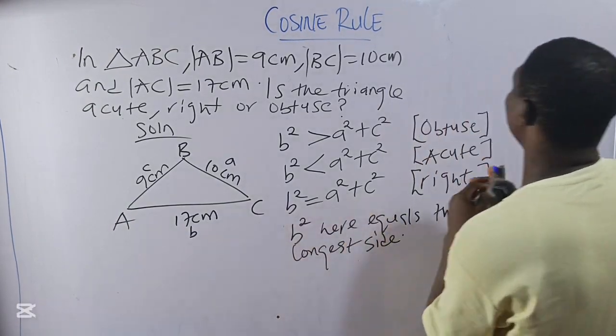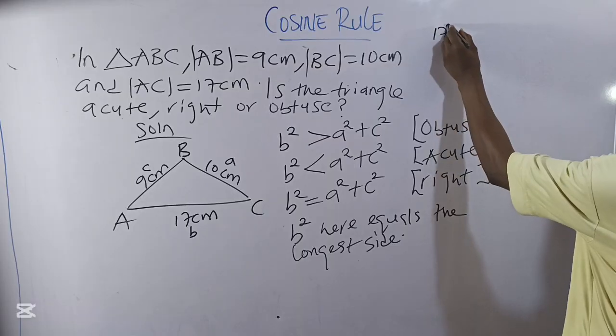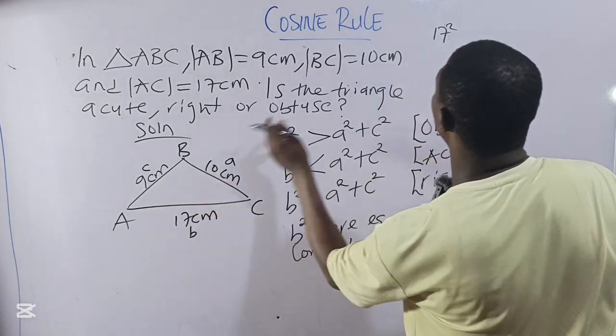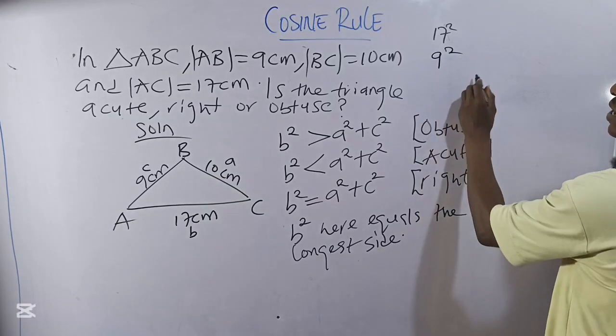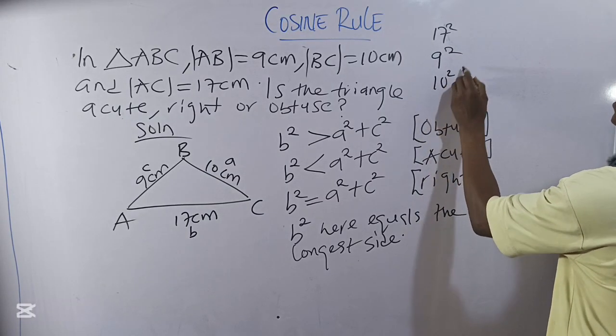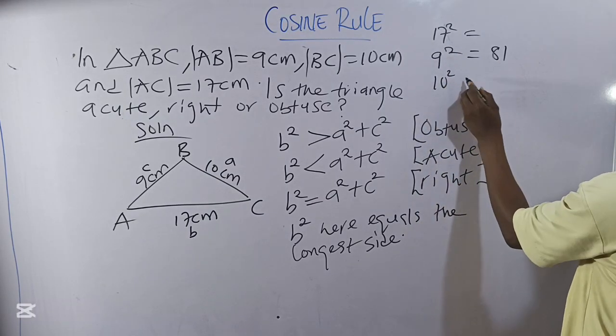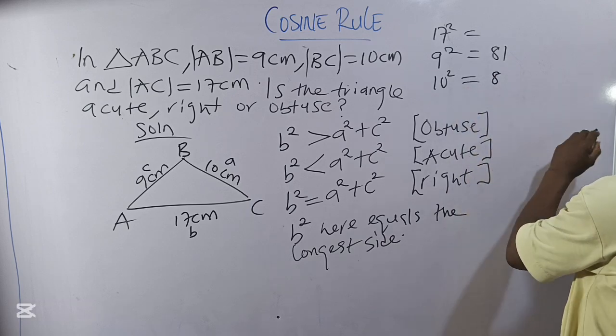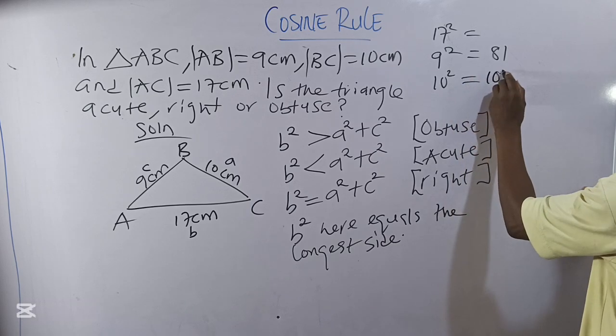Now, for this question, where is our B square? Our B square is 17. So I'll simply have 17 square, and we have 9 square and 10 square. 9 square is 81, and 10 square is what? 100.